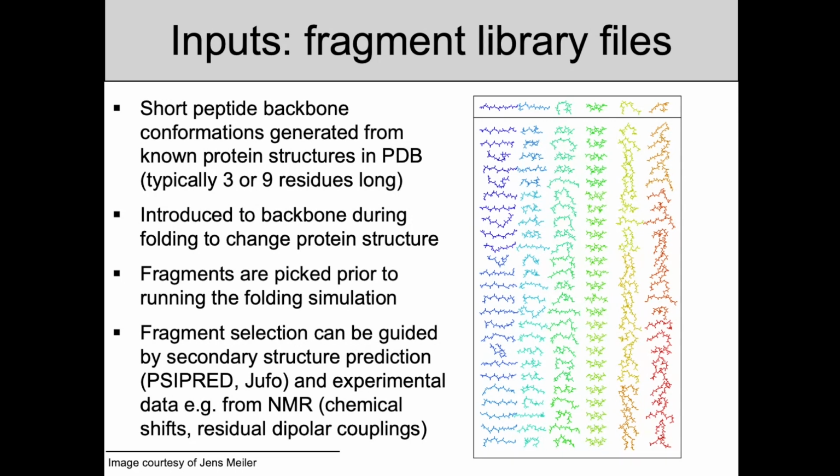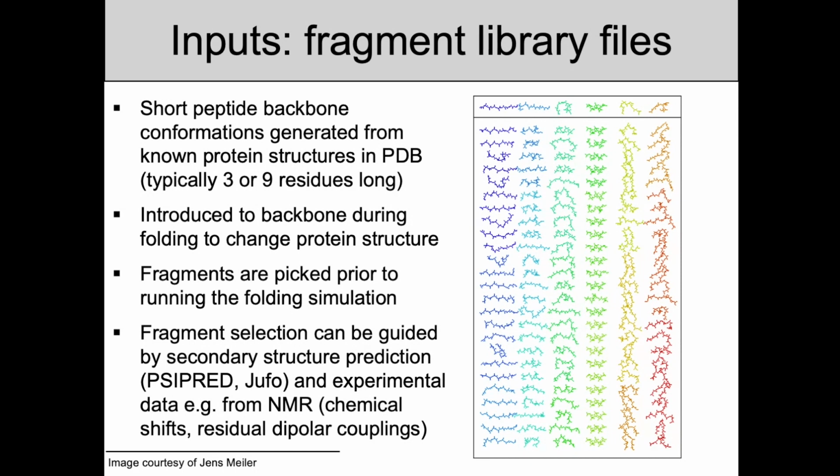And a fragment file is that exact process across the entire protein for 3 residue fragments and 9 residue fragments. Now, the process of fragment selection is generally guided by secondary structure prediction. It's guided by a few other things, and there is a publication at the end of this talk that you can follow that discusses this.